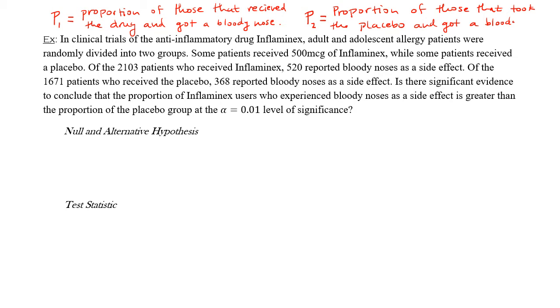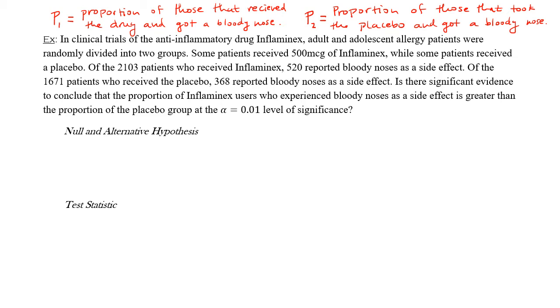Right? So again, the idea is that when you give one group a placebo, you don't expect the drug to affect the group that had a placebo. Instead, we would expect the group that took the drug maybe got the side effects.